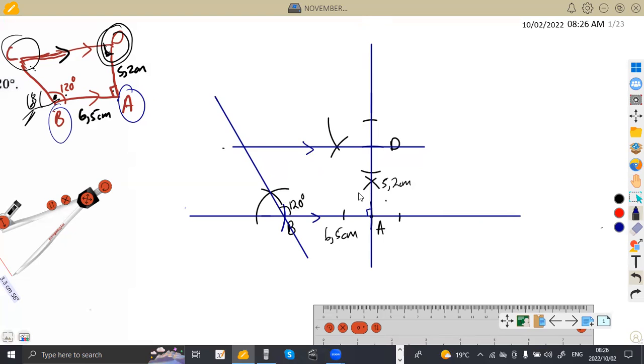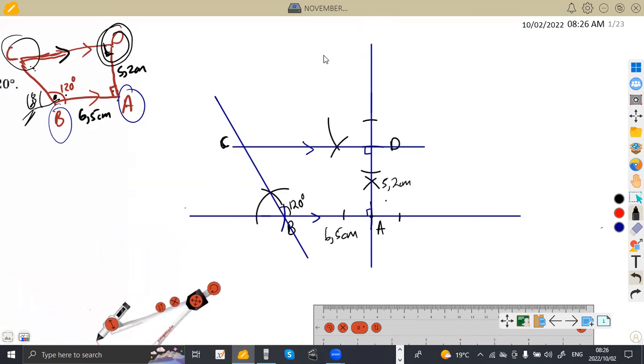These two lines will definitely be parallel because this angle is 90, this angle is 90. And so that means this will be our point C at this point here. We are now having our C. So that's how you simply construct a trapezium, guys, depending on the information that you're given.